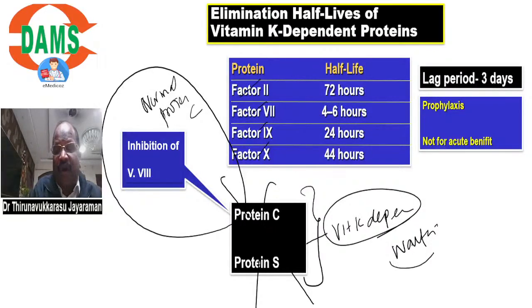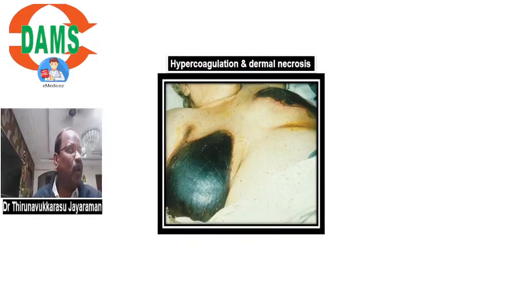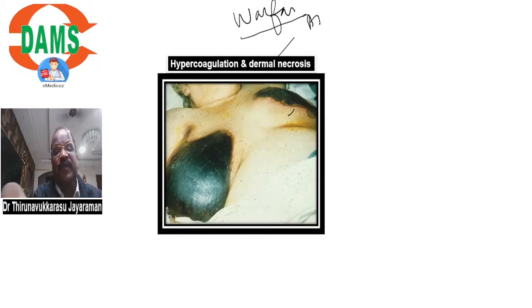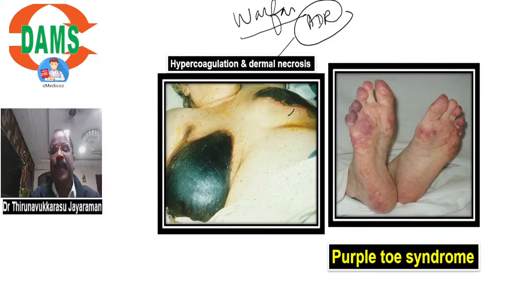Now tell me, warfarin inhibiting protein C means the factor 5 and 8 levels may increase. That may cause hypercoagulation and skin necrosis. So look here, warfarin may cause the adverse effects of hypercoagulation and skin necrosis, sometimes purple toes, called purple toe syndrome. This is also important.